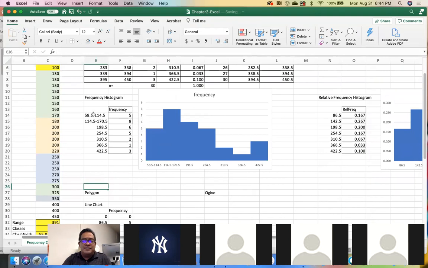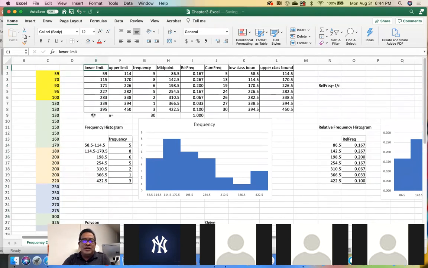So far, I think we have covered a lot and we are still covering a lot. We have a database, we ordered the database, and we decided to create 7 classes. We found the range, we have the number of classes, and then we found the class width, which is the range divided by the number of classes.